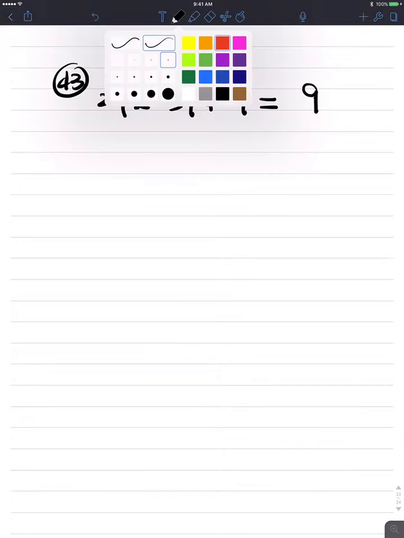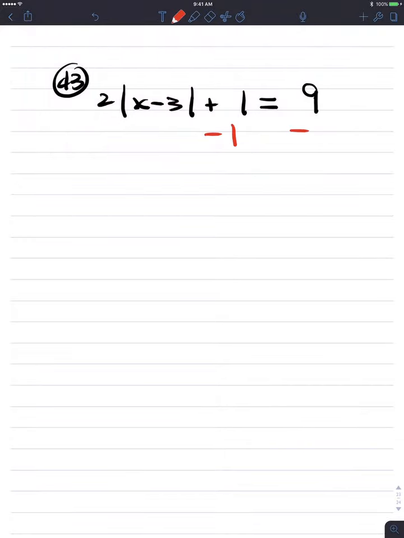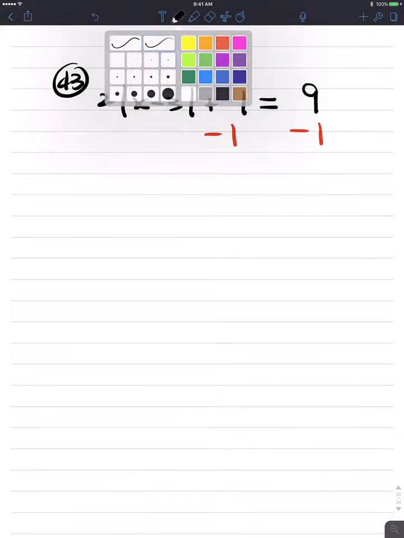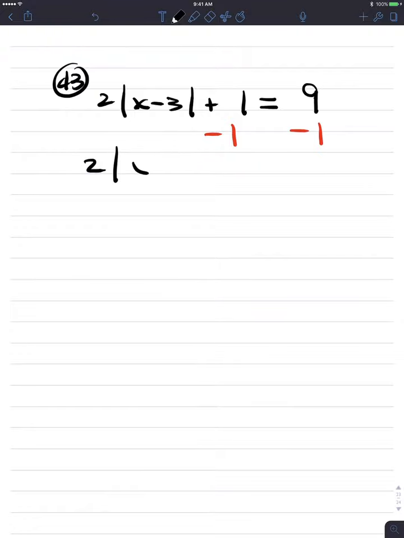Number 43 is 2 times the absolute value of x minus 3 plus 1 is 9. We need to solve for this absolute value. So we're going to subtract 1 from both sides. We end up with 2 times the absolute value of x minus 3 is 9 minus 1, which is 8.